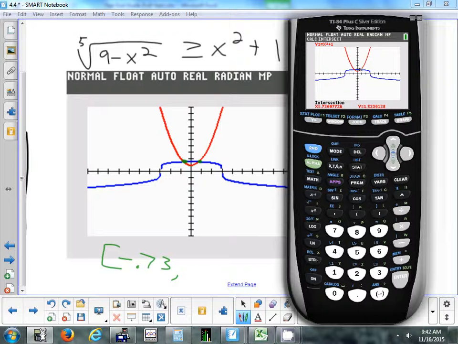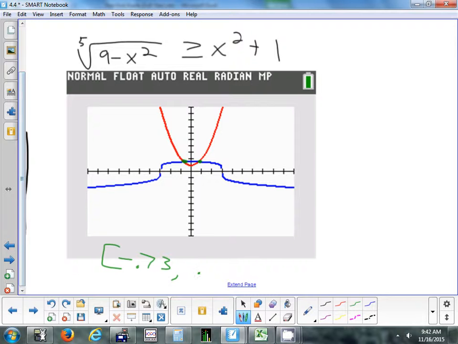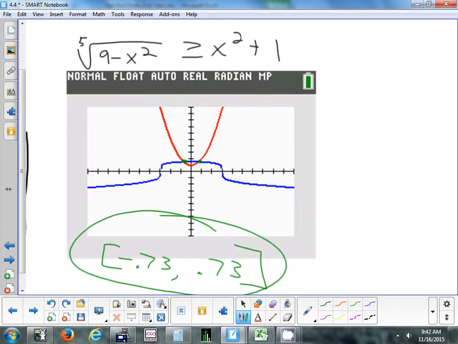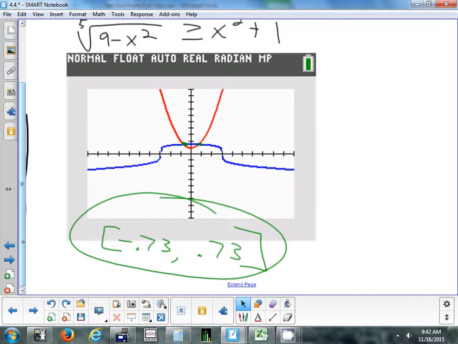All right, so I guess it's almost symmetrical. Negative 0.73 to positive 0.73. Any questions on that one? That's all you have. Just use your calculator.